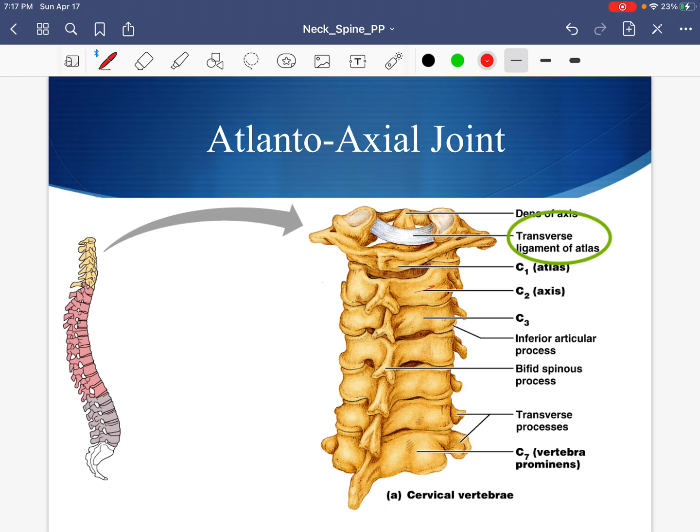Here we can see that C2 is right here. And remember, C2 in red has that vertical projection that I called the mini penis. That comes up inside C1, which I've put in black here. This forms a pivot joint. Shouldn't be surprising. I'd like you to know that.